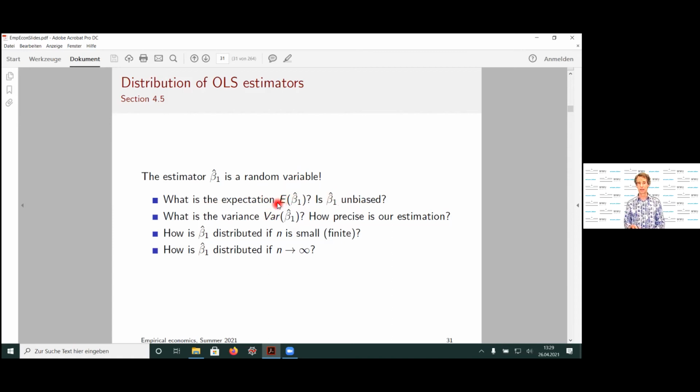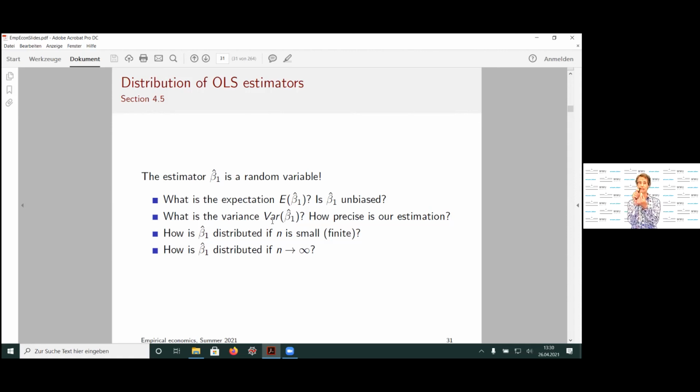Okay. If beta 1 hat is a random variable, then beta 1 hat has a variance. And the variance of beta 1 hat has an important interpretation. It's already been mentioned before. The variance tells us how precise our estimation is. If the variance is very small, that means that the value of the estimator is always close to the same true value.